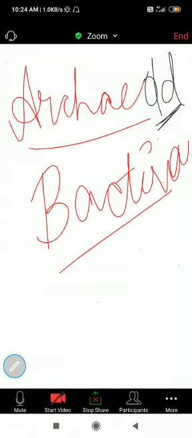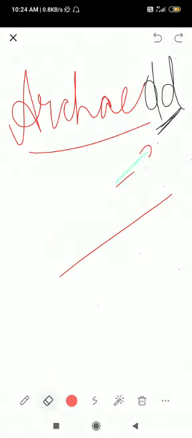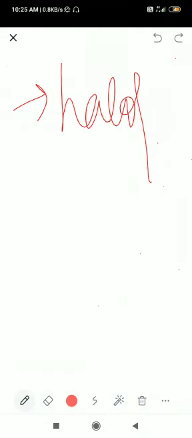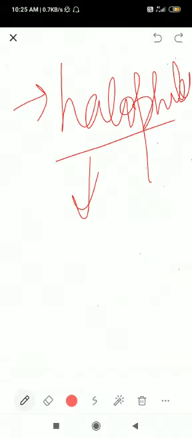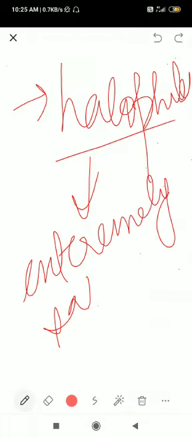And there are certain groups of these bacteria. Archaebacteria is further divided into halophiles. Halophiles: halo means salt, phil means loving. So they live in extremely salty areas.